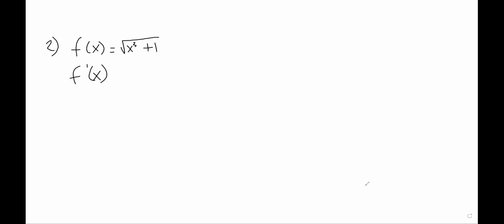So we can rewrite f of x, the square root of x cubed plus 1, as x cubed plus 1 raised to a half, which is the same thing as the square root of the function.